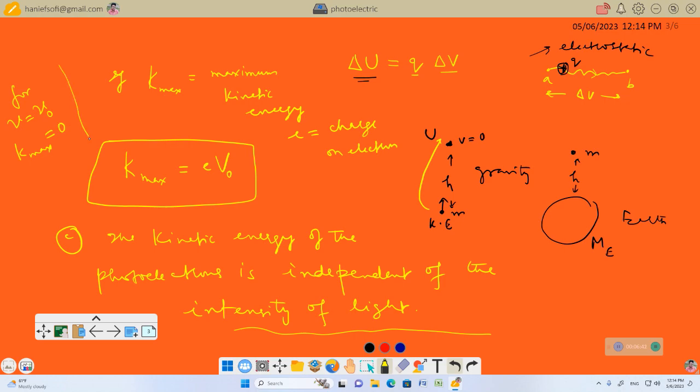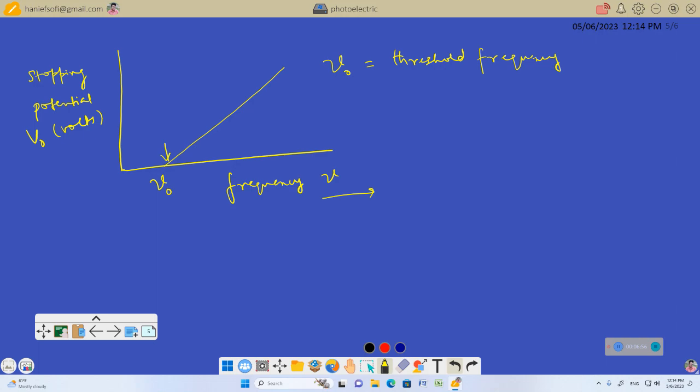Because V naught is zero. That means at threshold frequency, electrons are not able to move to the collector. Hence, there is no photoelectric effect.